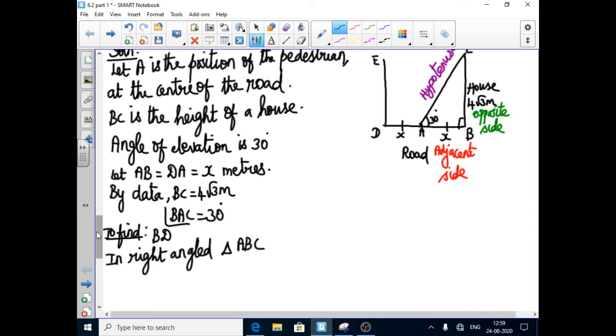The opposite side is given. We have to find the adjacent side. The ratio connecting the opposite side and adjacent side is tan theta. Here theta is 30 degrees. So tan 30 degrees is equal to opposite side by adjacent side.